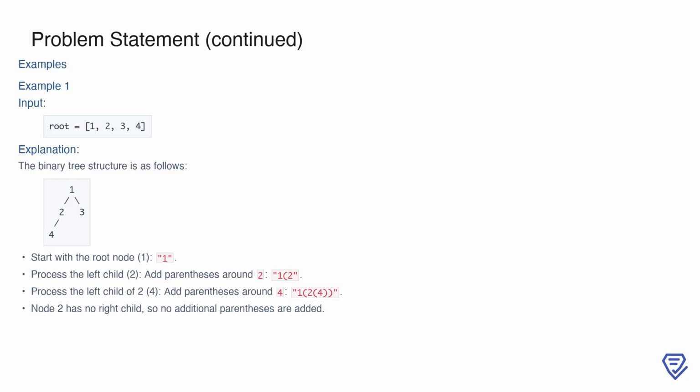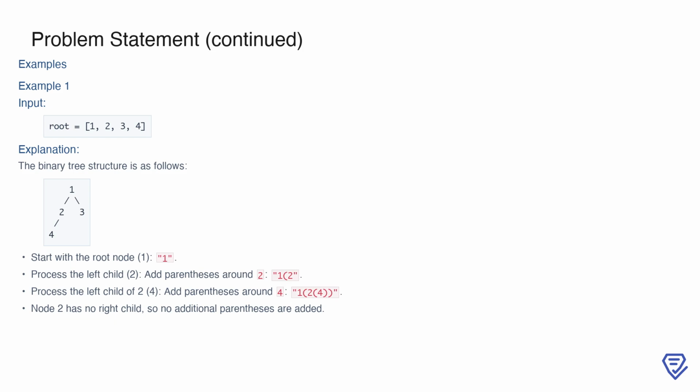Suppose the input is a binary tree with the structure 1, 2, 3, 4. Visually, the root node 1 has 2 children, 2 on the left and 3 on the right. Node 2 itself has a left child, 4, but no right child. Starting with the root node, the string begins as just the value of the root, so we start with 1.